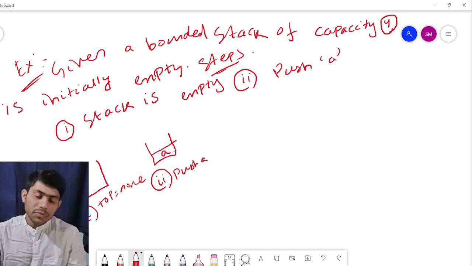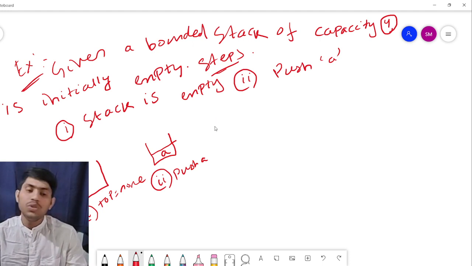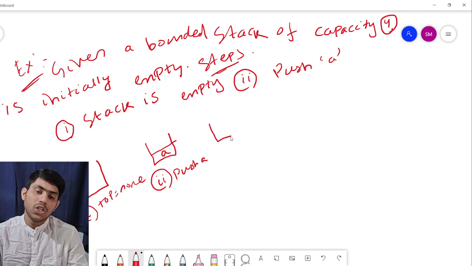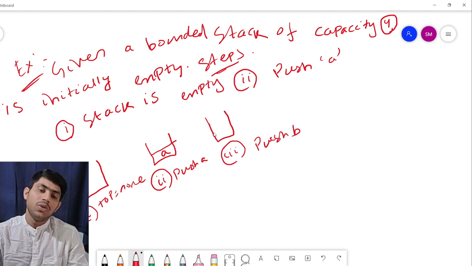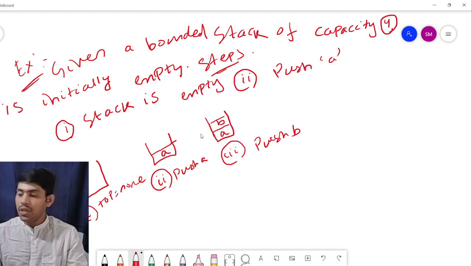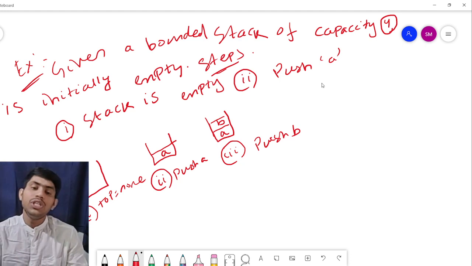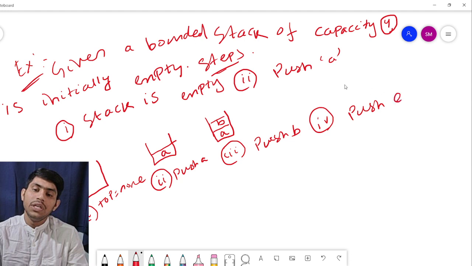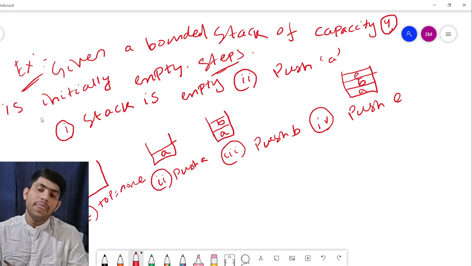Then in the third, push B. A is already there in the stack, then on the top we push B. Then in the fourth, push E. So A is there, B is there, then we push E.